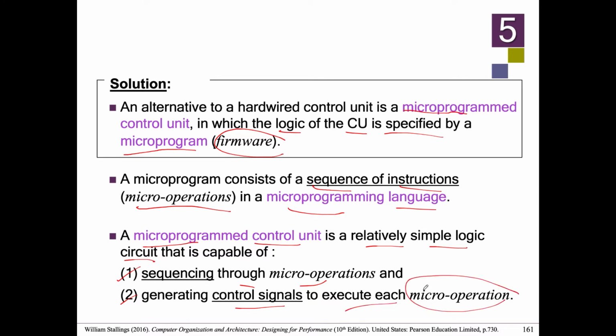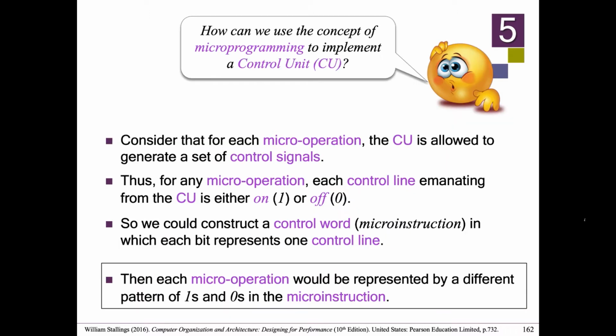What is your micro operation? You already looked into it in, I think, 5.4. So please make sure you still remember whatever you already learned. How we use the concept of microprogramming to implement control units or CU.